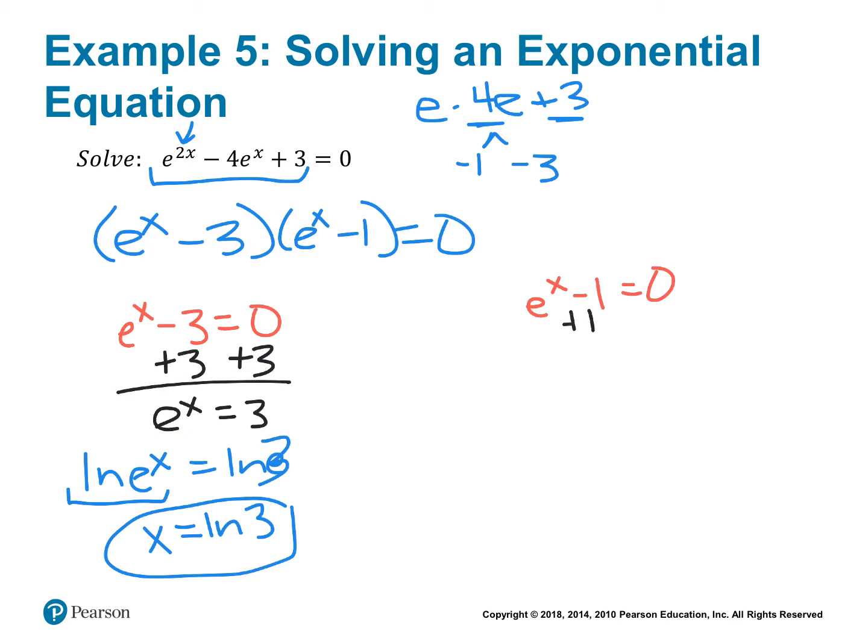Add the 1. Multiply both sides by the natural log. Okay, so this just becomes x, and the natural log of 1 is 0.